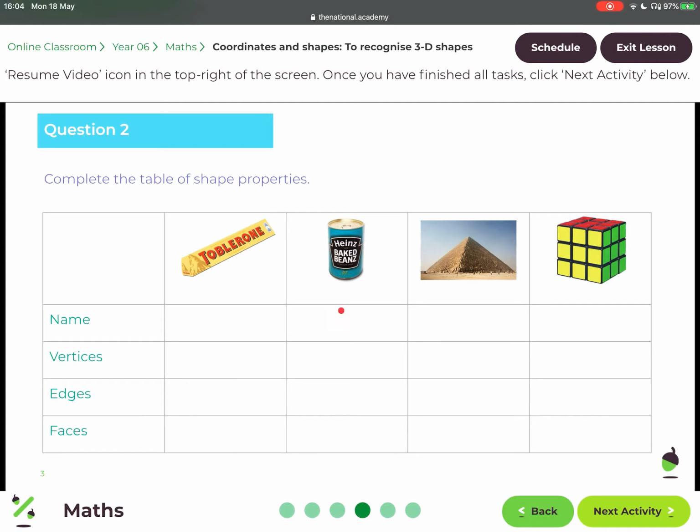The cylinder has 0 vertices, 2 edges, 3 faces. The square-based pyramid has 5 vertices, 8 edges, 5 faces. The cube has 8 vertices, 12 edges, and 6 faces.